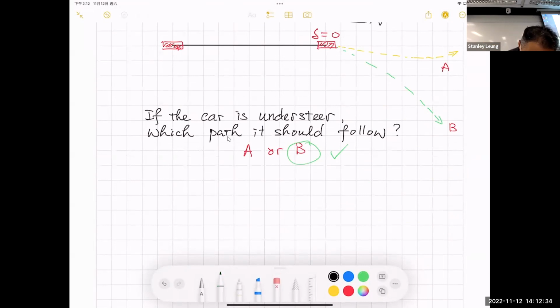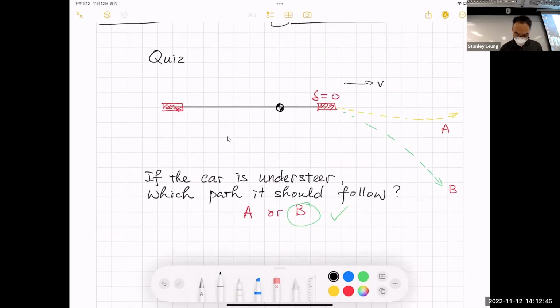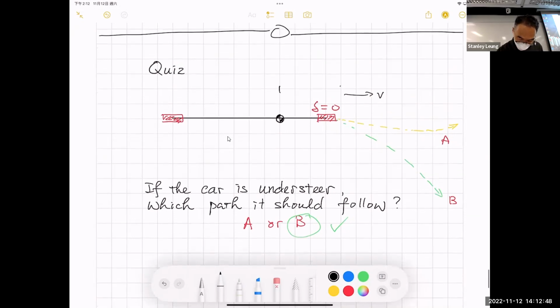So this is the model that we have. Going back, we have my wheelbase, which is A plus B. And then we have the CG, and actually we can have a point such that if I apply that force there, the car will go neutral steer.